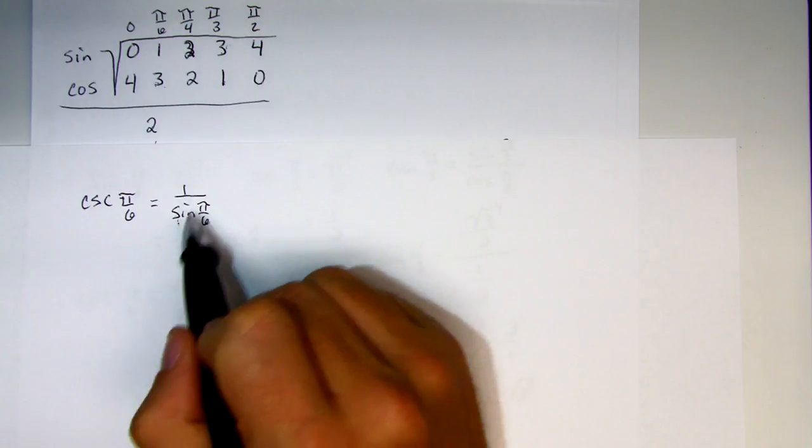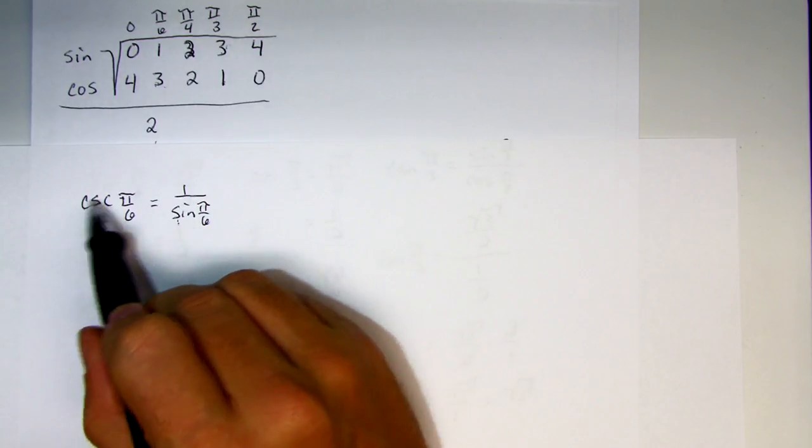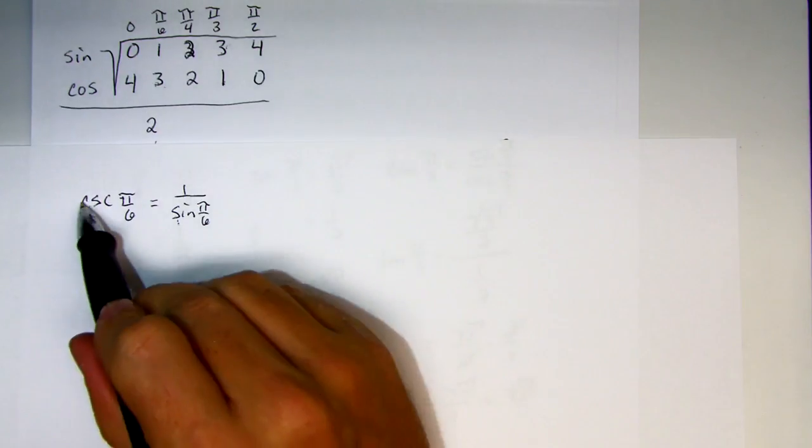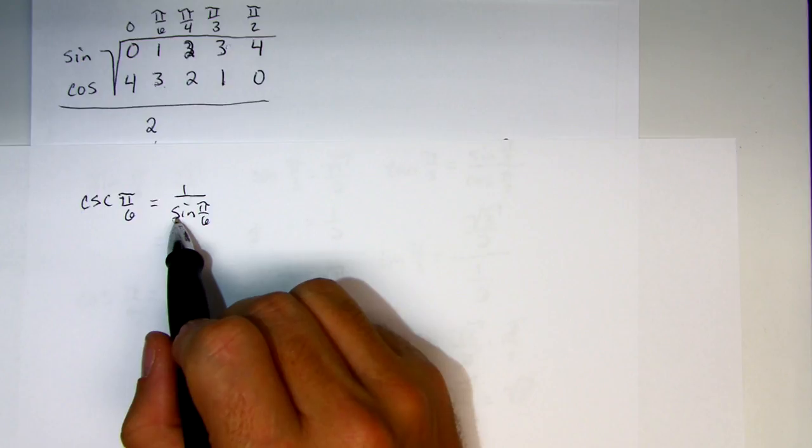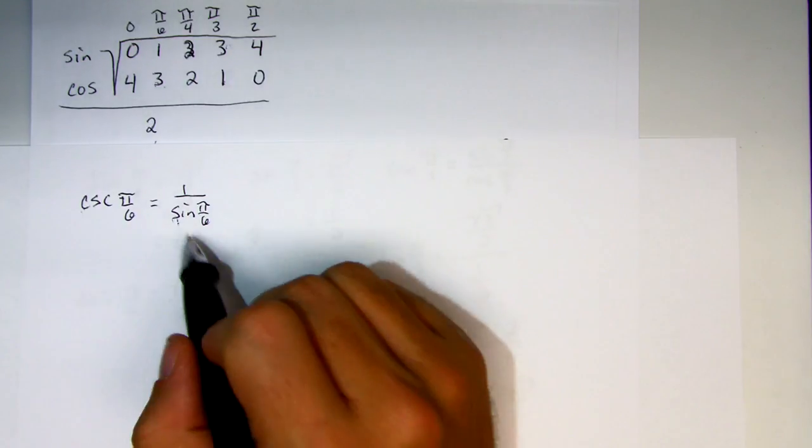So cosecant is 1 over sine, and secant would be 1 over cosine. Do the opposite letters. So this one starts with a C, so the answer is with an S. And the other one starts with an S, and the answer would be with C.